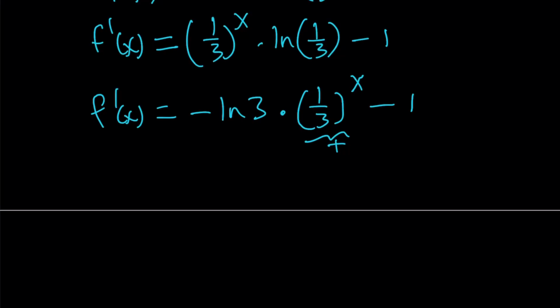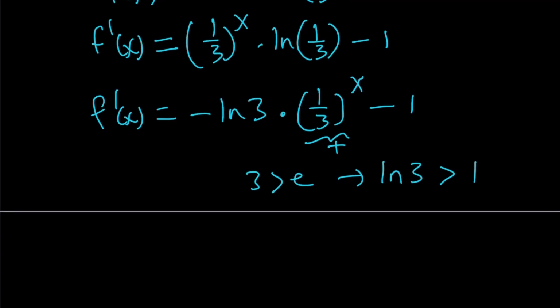But ln 3, since 3 is greater than e, is going to be positive, right? I mean, greater than 1. What am I talking about? But when you multiply by negative, that's going to be a negative quantity. In other words, this f prime is always less than 0, which means that your function is always decreasing.